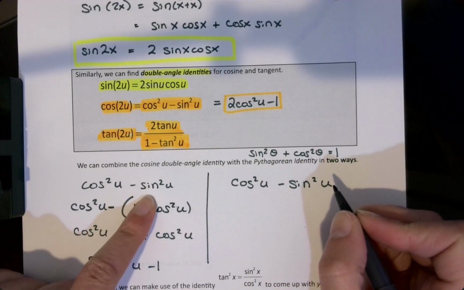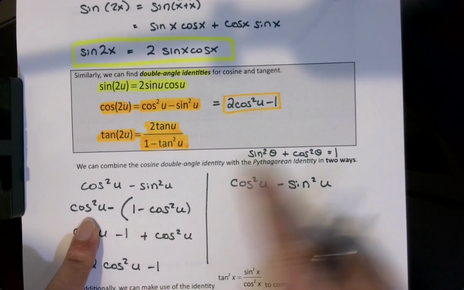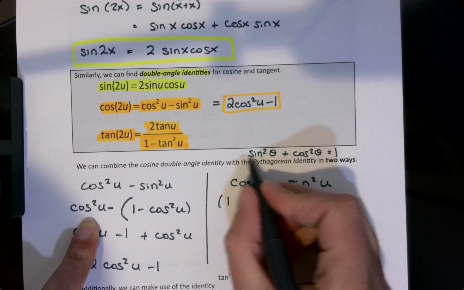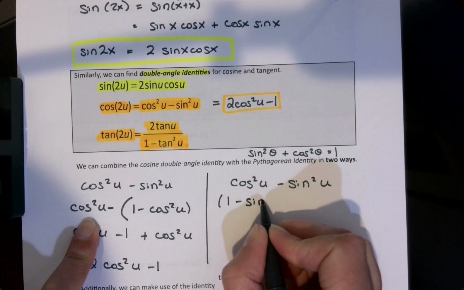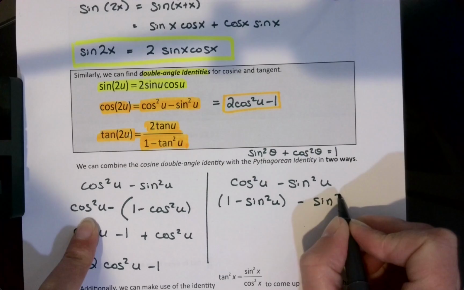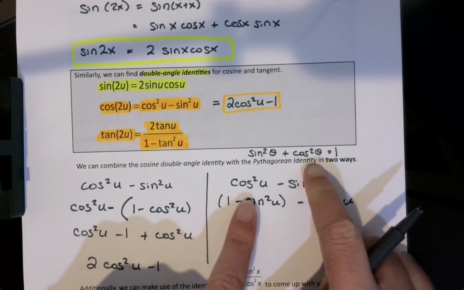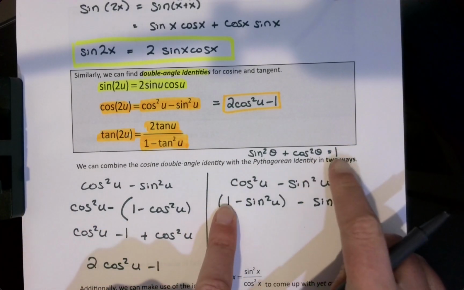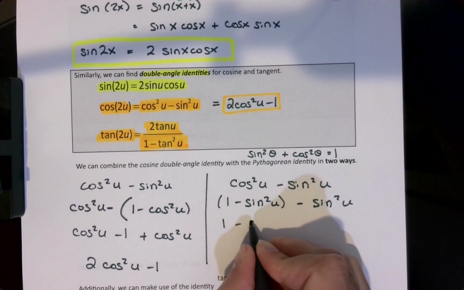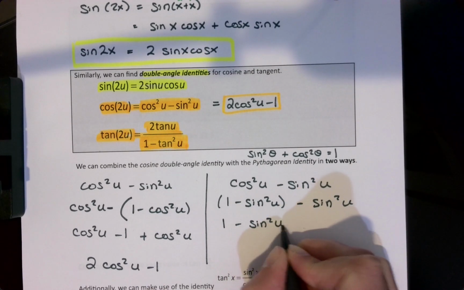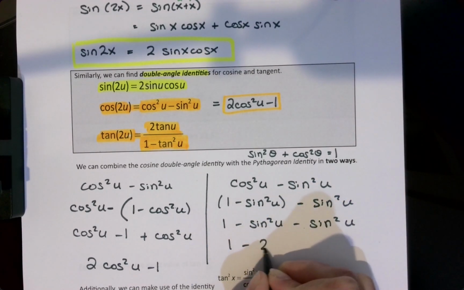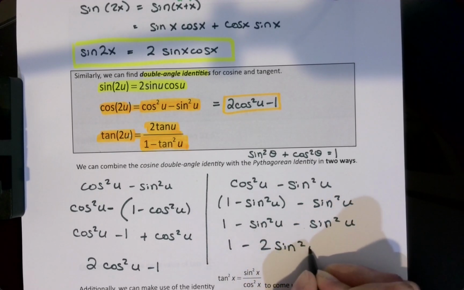Instead of solving and getting rid of sine, what if we did it for cosine? So if we got our cosine by itself, that would be equal to 1 minus the sine squared u, minus sine squared u. So again, solving for cosine squared would be 1 minus sine squared. So I have 1 minus sine squared u minus sine squared u, or 1 minus 2 sine squared u.